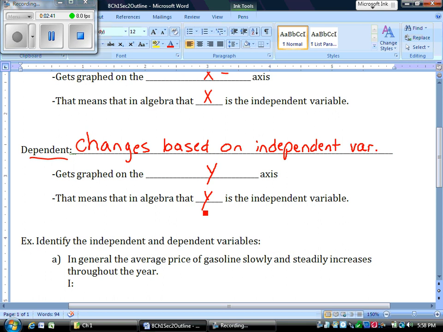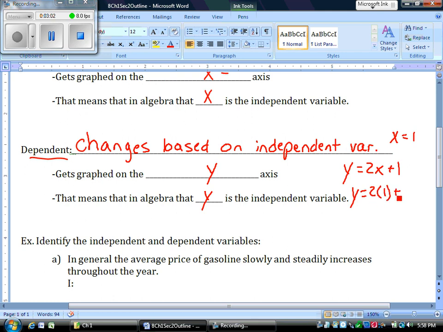And if you think, you don't have to write this down, but if you think about something like y equals 2x plus 1, think about that equation. What we would typically do is pick an x value, say x equal to 1. We're picking x, so that's our independent variable, and then we're finding y.